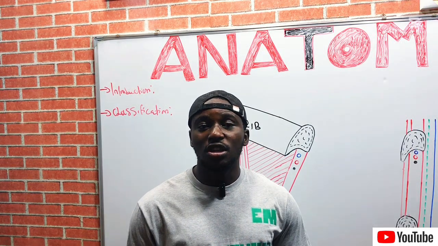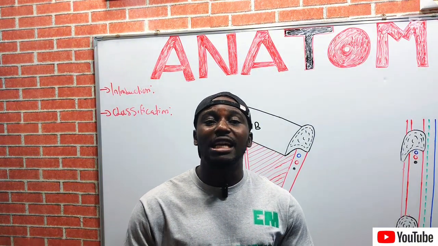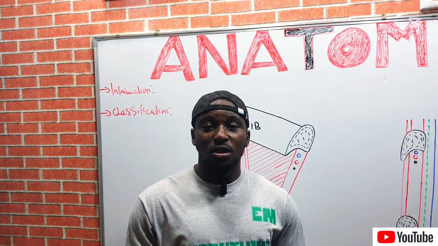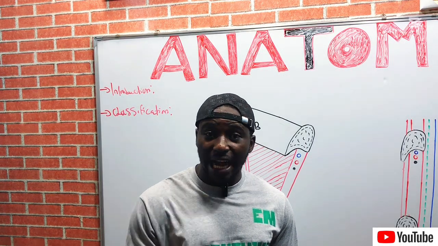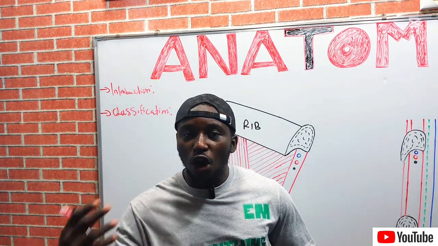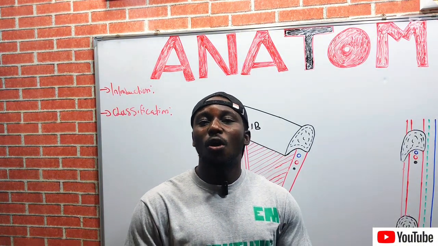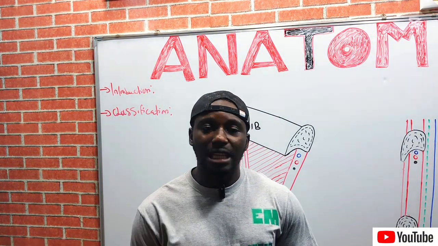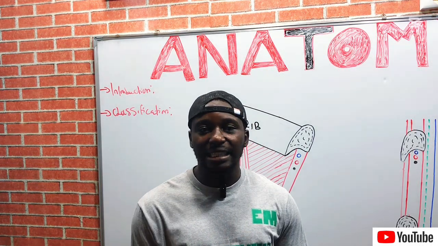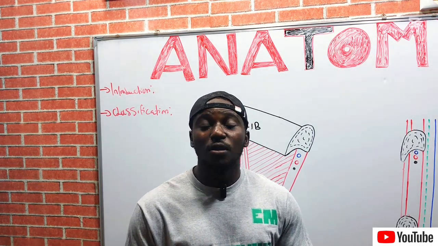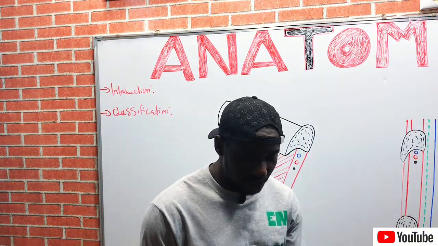This classification is based on how the neurovascular bundles of the intercostal space supply either the structures of the thorax or beyond the thoracic wall, thereby partly or entirely supplying other regions, right? So as we proceed, you get to understand why they are called typical intercostal space and atypical intercostal space.